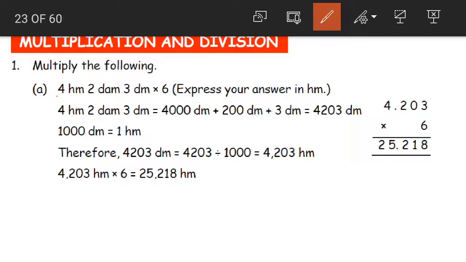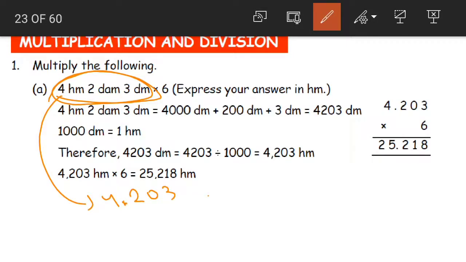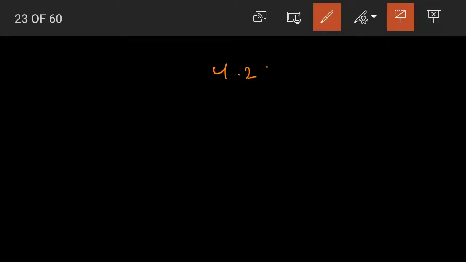No. This is just what we have converted our different units of measurement into. We have 4.203 hectometers, and we have to multiply by 6. 4.203 multiplied by 6.